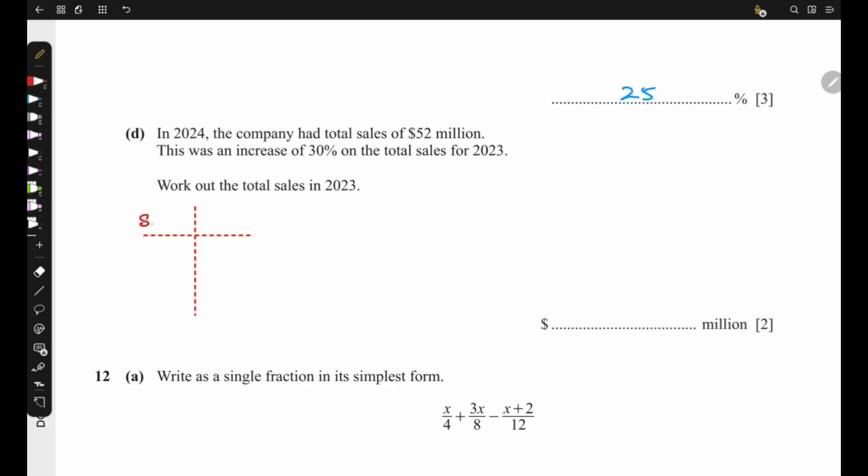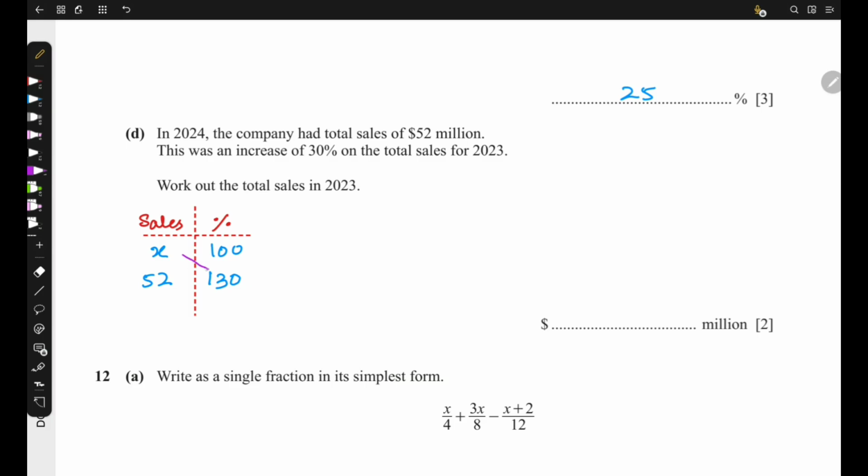Write down sales on the left side and percentage on the right side. We don't know what the sale in 2023 was, so we will consider it as a variable. And the sales in the previous year is considered as 100%. Now in 2024, the sales are $52 million. And this was an increase of 30% of the total sales for 2023. So it means I'll get 130% over here.